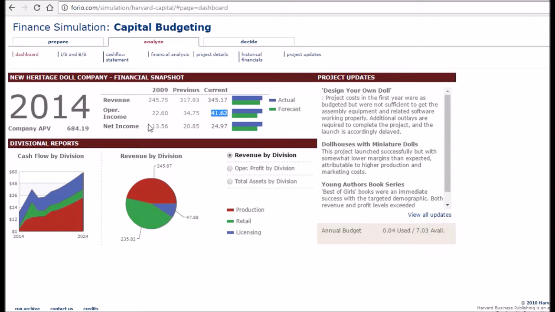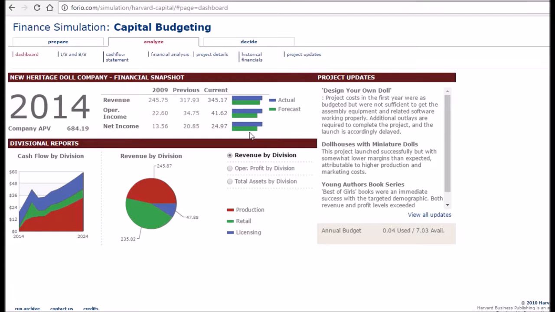The net income for 2009 was 13.56, and the current is 24.97. And so as you can see in all three sections, my actual amount was greater than the forecasted amount, which is represented in these little bar graphs.